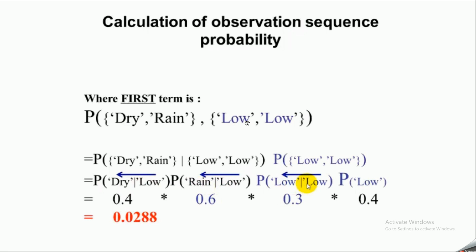We take the probability of rain given that it is low, multiplied with the probability of dry given low, multiplied with the probability of low low and the probability of low.